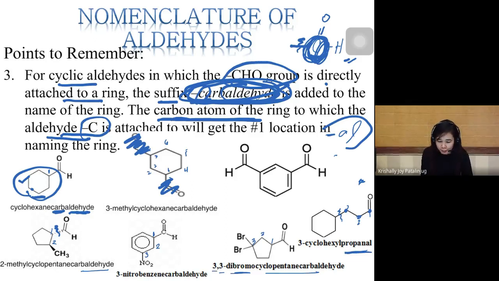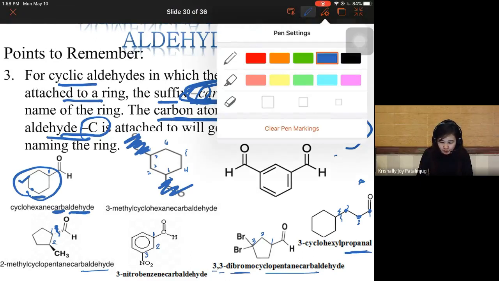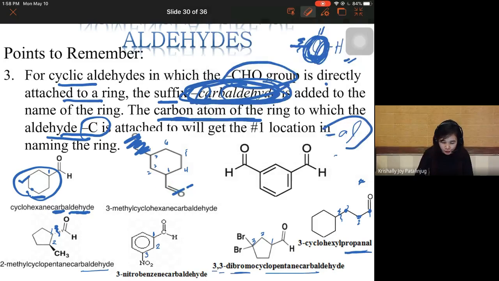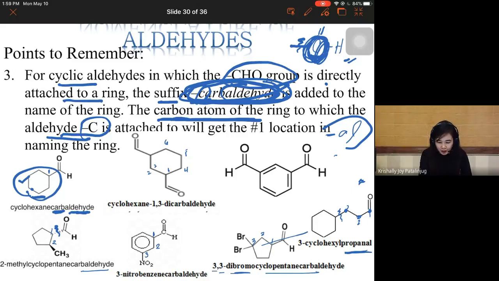Asa ang duha ka aldehyde group na siya sa carbon 1 and 3. Okay? So, cyclohexane 1,3 dicarbaldehyde. Okay? Ma'am, pwede diri rami magsulat 1, 3, then cyclohexane dicarbaldehyde.